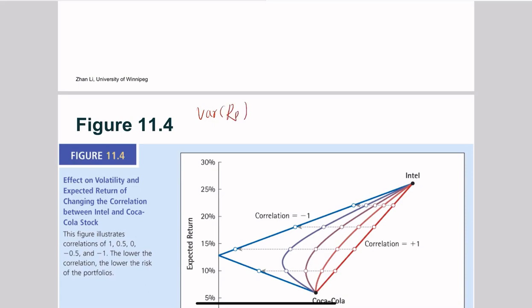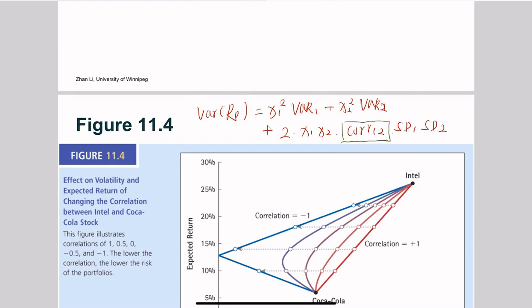The variance of a portfolio of 2 stocks equals the first stock's portfolio weight squared times the variance of the first stock, and the second stock's weight squared times the variance of the second stock, plus 2 times x1, x2 times the correlation between the 2 stocks and the standard deviation of stock 1 and the standard deviation of stock 2. Now, the focus here is this guy here, right?